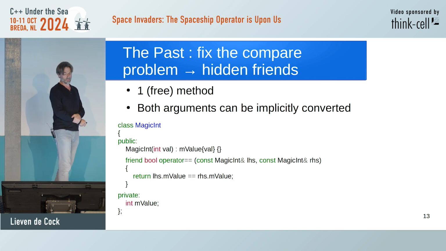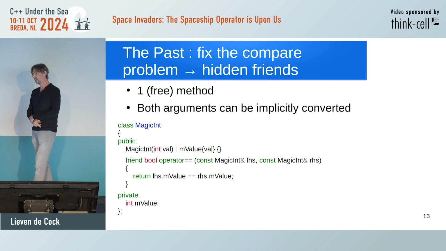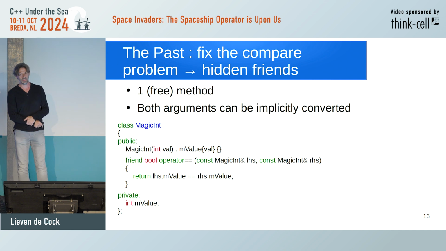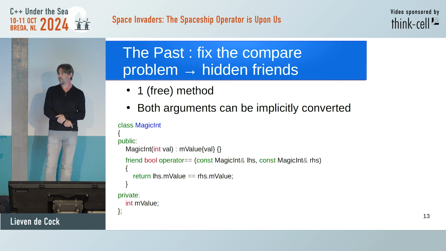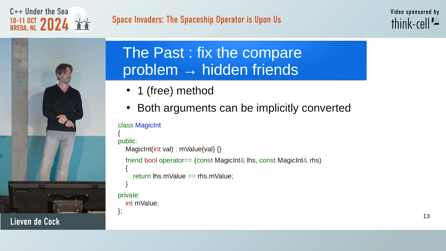There is another way to do that, so that we don't need two methods, but just one method again. And that's with a technique called a hidden friend. So we now have a free function again, which we consider as a friend of the MagicInt class. And it takes two MagicInts as arguments.